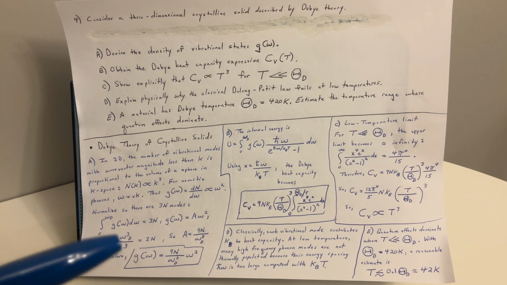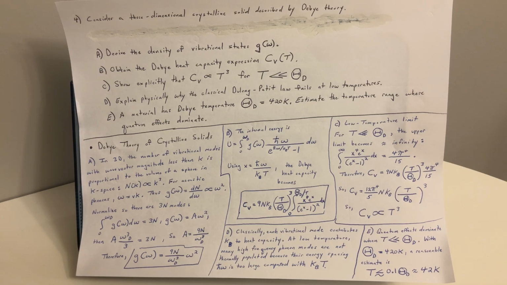Here A omega sub D cubed over 3 equals 3N, and so A equals 9N over omega sub D cubed. Therefore, g of omega equals 9N over omega sub D cubed times omega squared.